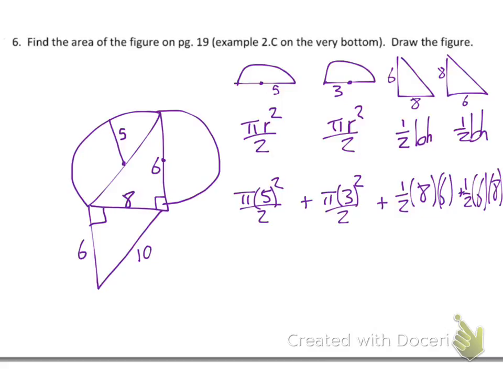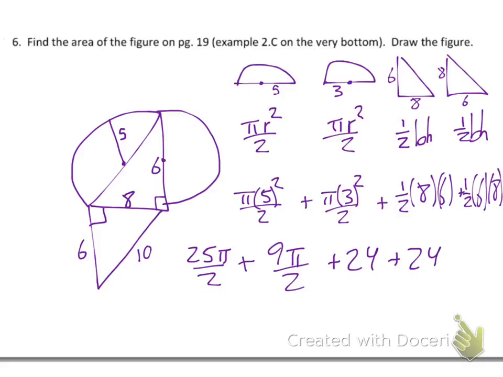What's 5 squared? So, it'll be 25 pi over 2 plus 9 pi over 2. 3 squared is 9. Plus, what's half of 8? Times 6. So, we know both of those are the same, so they're both 24.